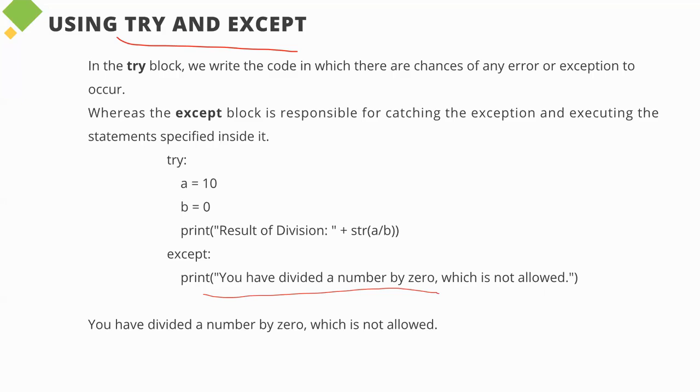This is how it executes. If there is a chance of error in the try block, then only the except will be executed. If there is no error in the try block, then simply the try block is executed and the code after the except is executed. This is how it executes.